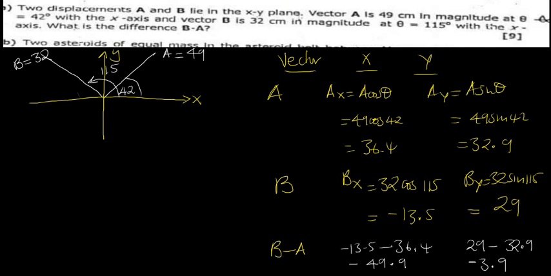So what remains is to find the magnitude of B minus A. We get the x component, negative 49.9, you square it, plus the y component, which is negative 3.9, you square it, and then you square root.